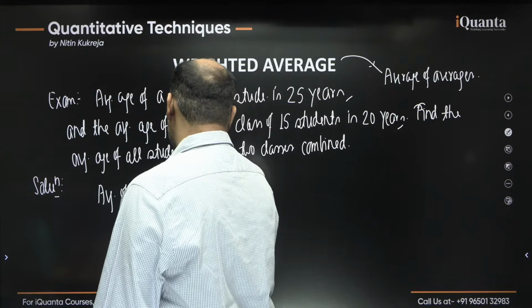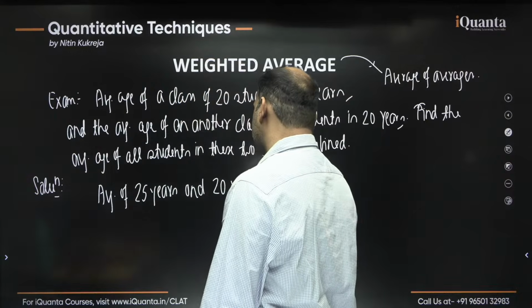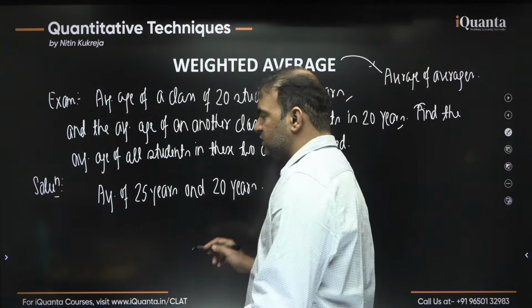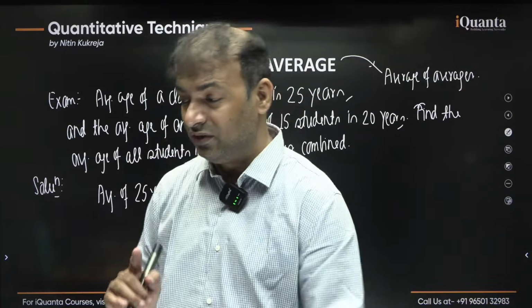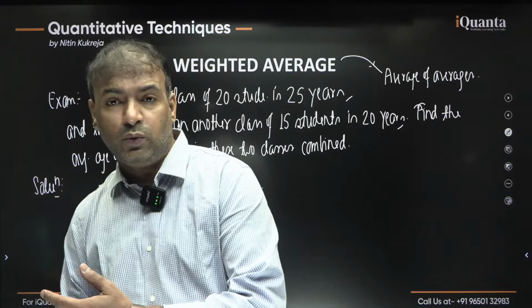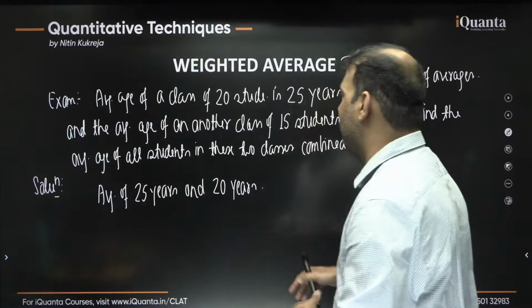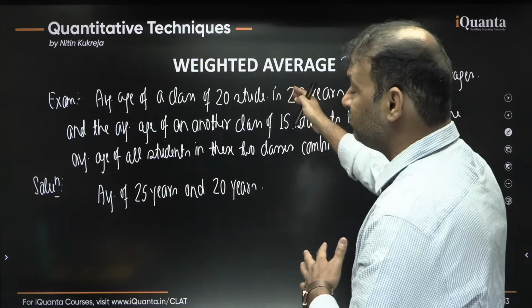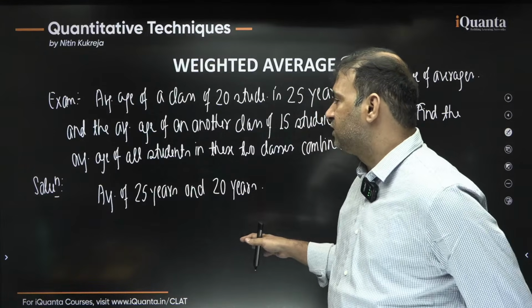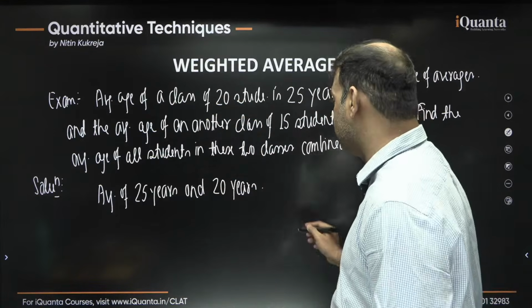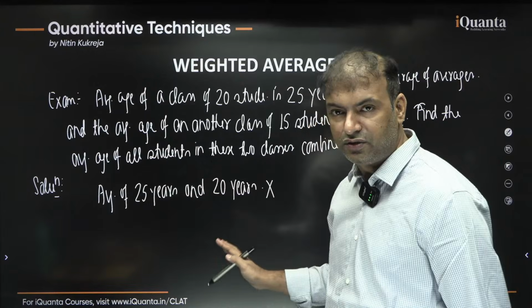Yes, we get 22.5 years with this method. But this is not correct. This will be correct only when the number of students in both the classes is the same. Otherwise, this method is just not the right way.